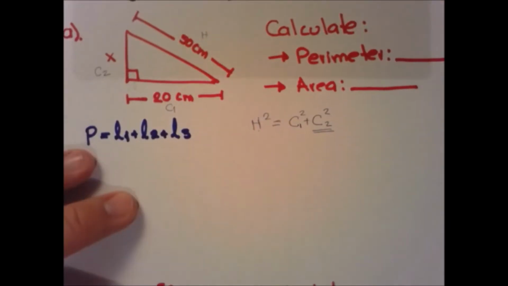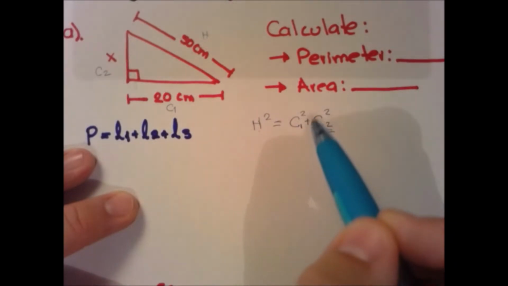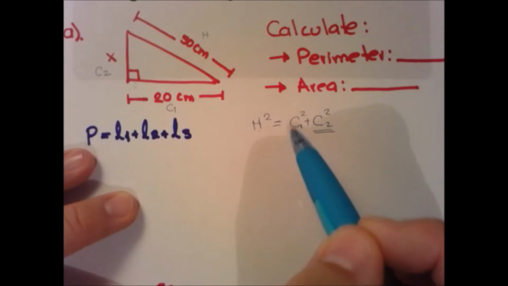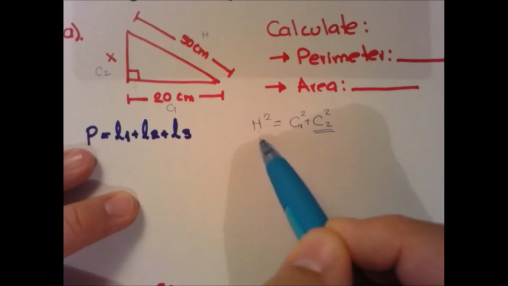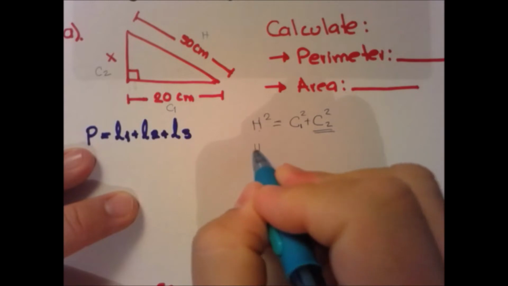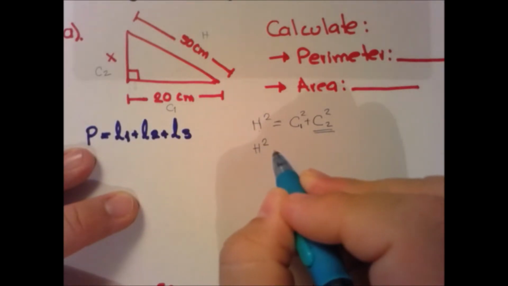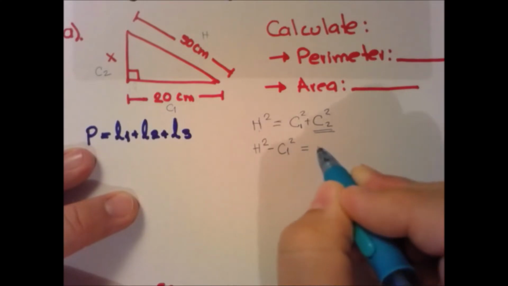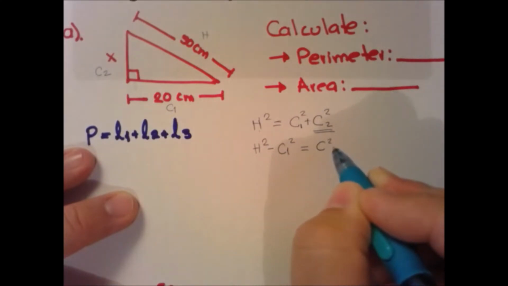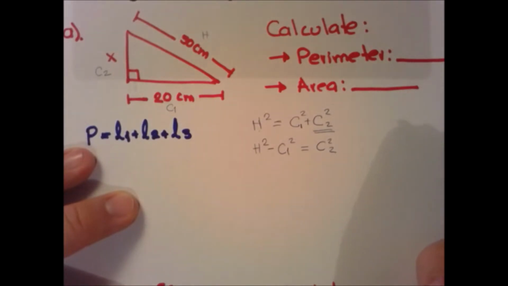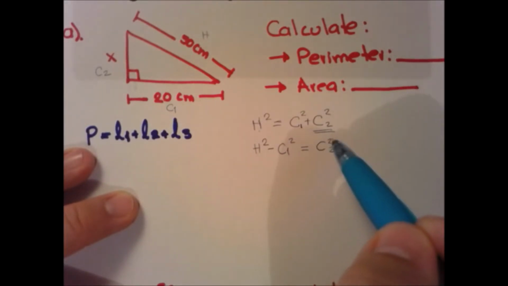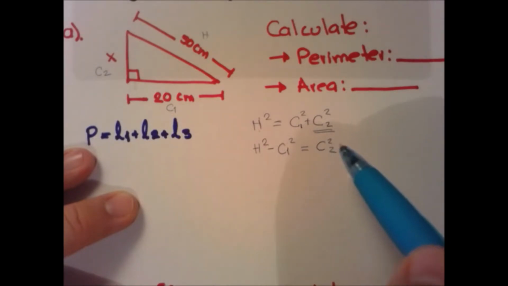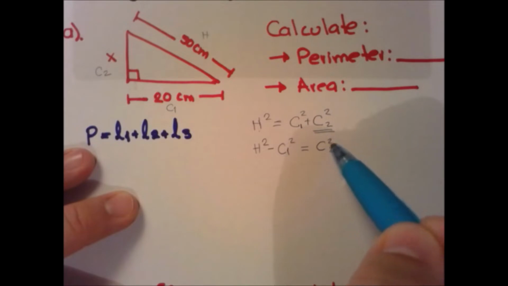In that case, first of all, this cathetus that is adding, being positive, I'm going to pass to the other side, and then I'm going to have the square of the hypotenuse minus the first cathetus square equal to the square of the second cathetus. All right, but I don't need the square value, I need the value in linear. So how can I get rid of these two?